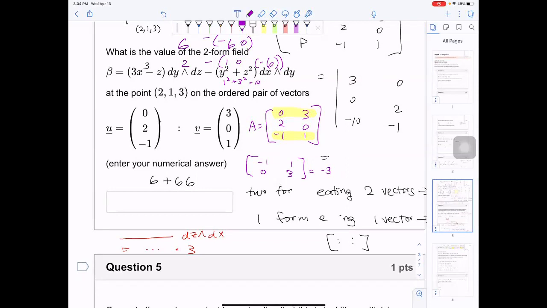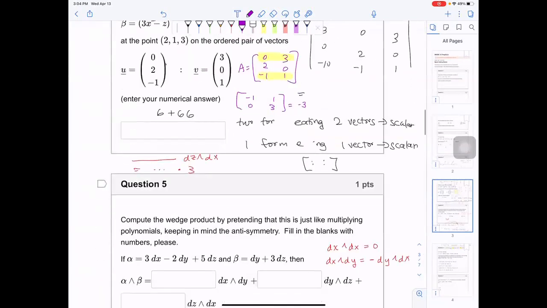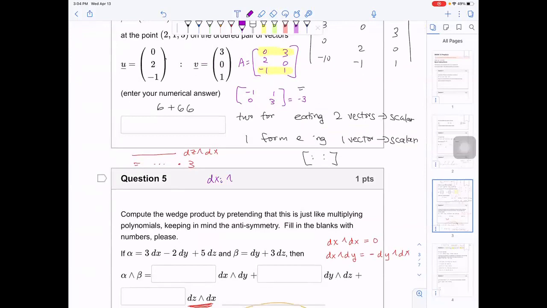Let me see. So in the videos, it says that dxi wedge dxj of some vectors is going to be ui vi uj vj. So if we wanted to do dz wedge dx, then you should have the first two components: u of the z component, which is negative 1, then u of the x component, which is 0.